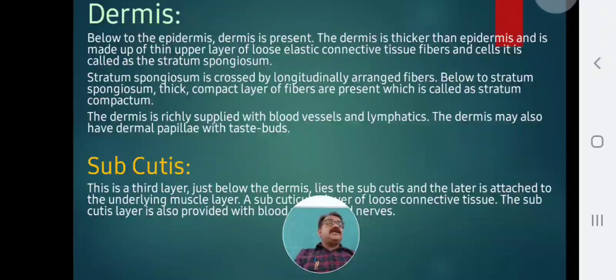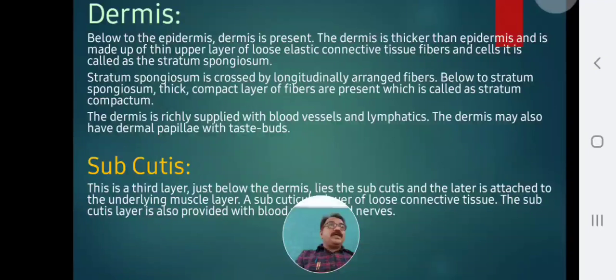That is, which cell layers is this dermis made up of? This dermis is thick, but it is made up of a thin upper layer of loose elastic connective tissue fibers and cells. It is called the stratum spongium.